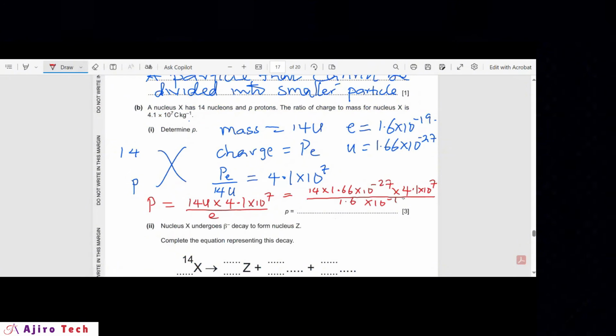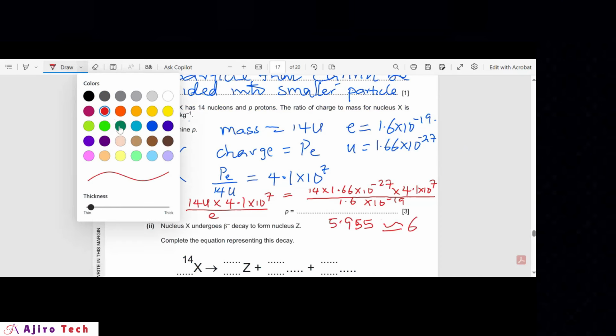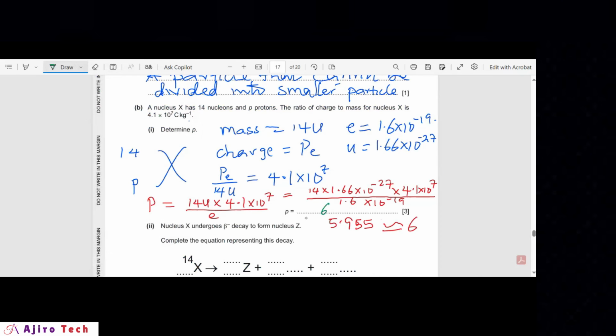So let's see what it gives in the calculator. In the calculator, it's giving 5.95. You can't get a decimal, so that will be 6. So the answer is 6.